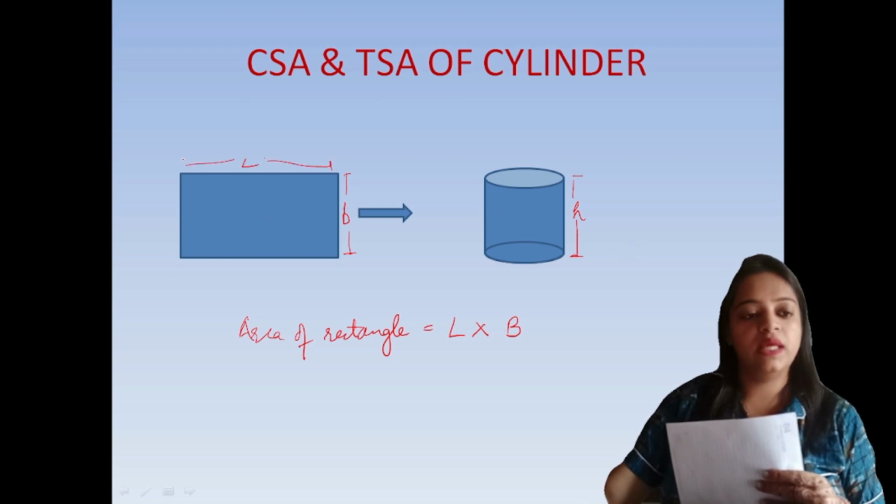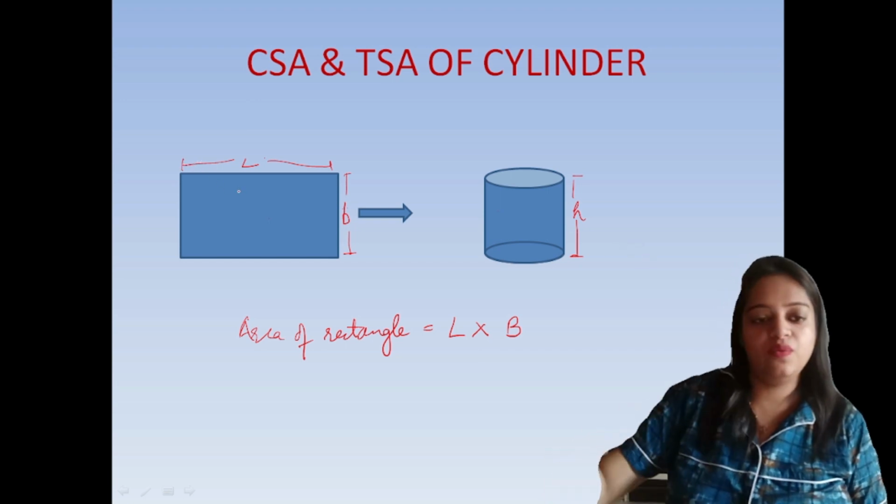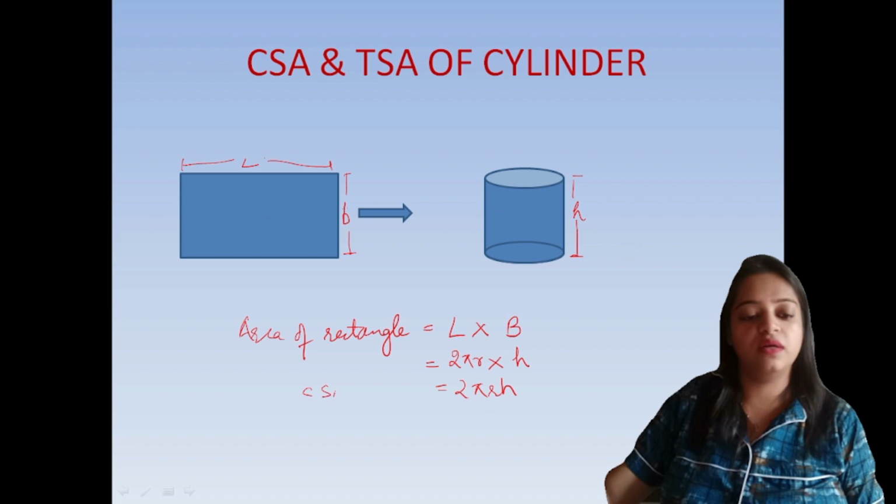When we rolled it, it becomes a circle, and what do we call the length of a circle? We call it circumference, which is 2 pi r, right? So it means this length has become the circumference, which is 2 pi r. So instead of length for cylinder I can write 2 pi r, and what did this breadth become? Height. So this is 2 pi rh, which is the formula for curved surface area of cylinder, right?